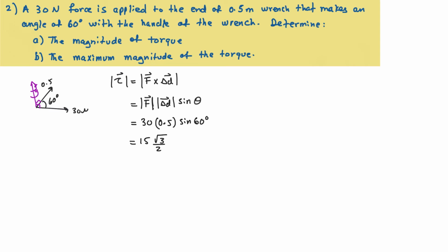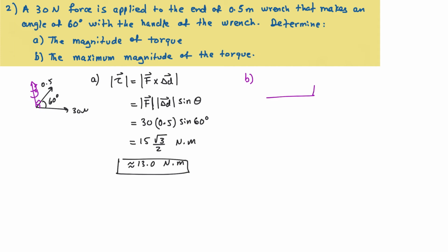So my final answer can be just this, in Newton meters, or I can write it as a rounded value, 13.0 in 3 significant figures. This is the answer to part A, but for part B, we're asked what is the maximum possible torque that we can exert using these two values.